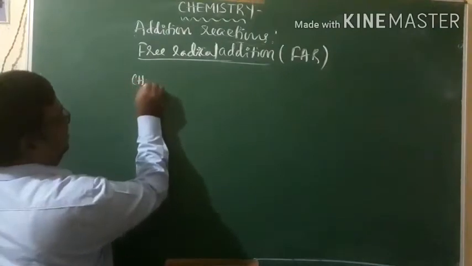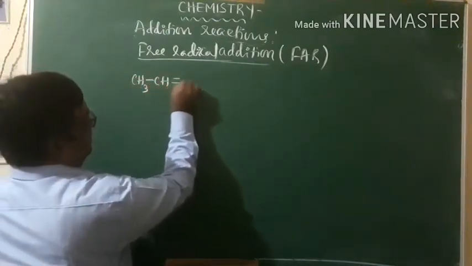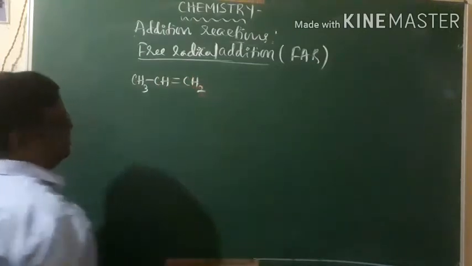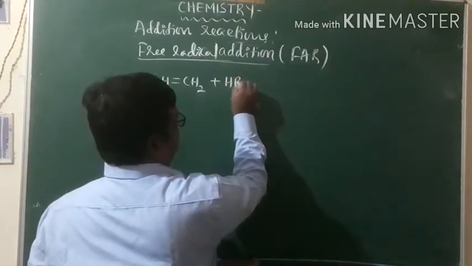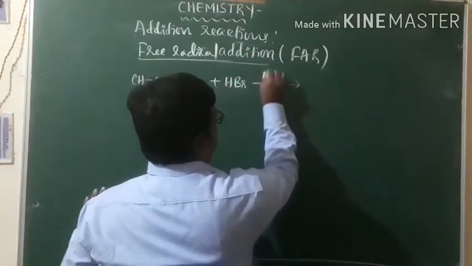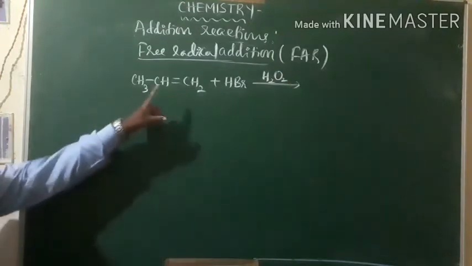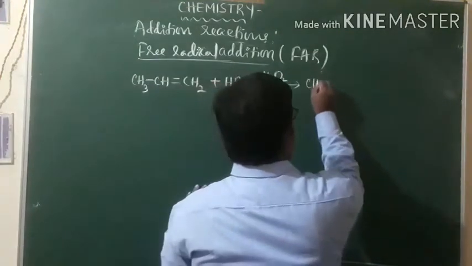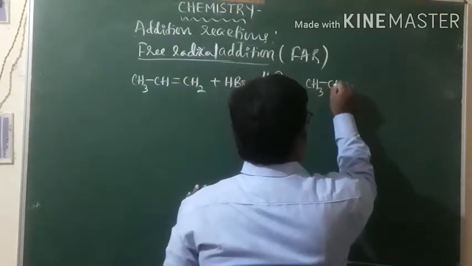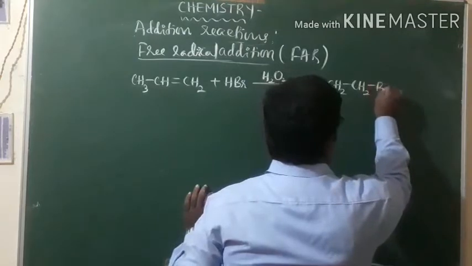One example I'll give you as far as free radical addition reaction is concerned. Look at this, that is propene. When it reacts with HBr, hydrogen bromide, in presence of hydrogen peroxide, this is one example for the free radical addition reaction, right? And you are going to get the product CH3-CH2-CH2Br.